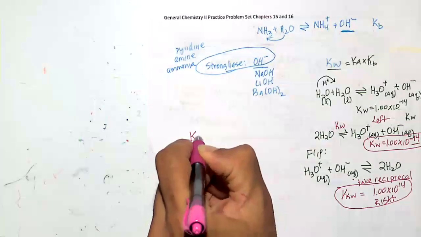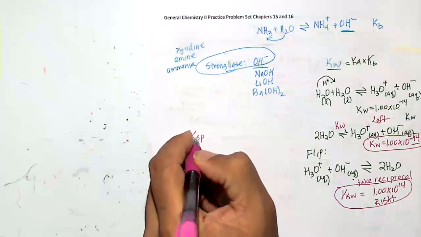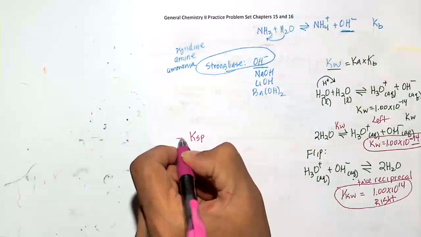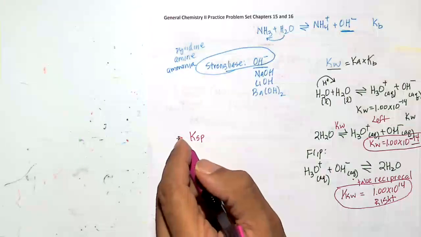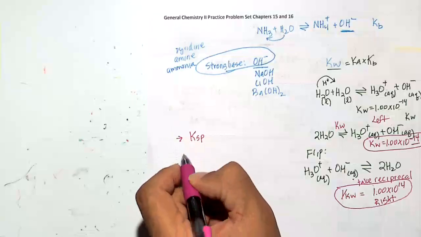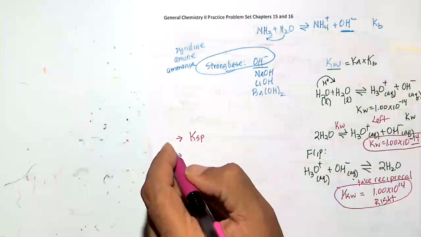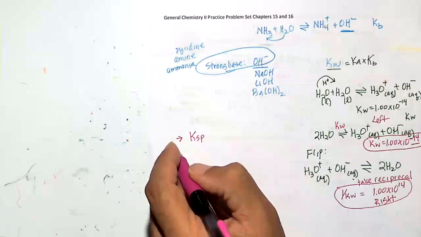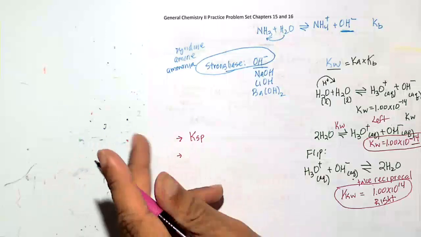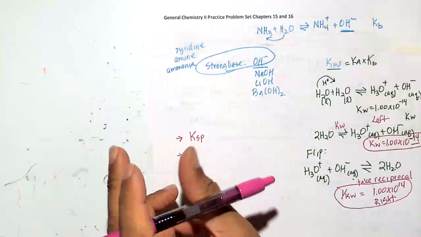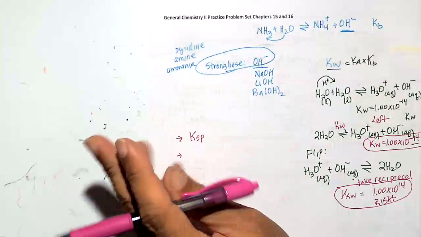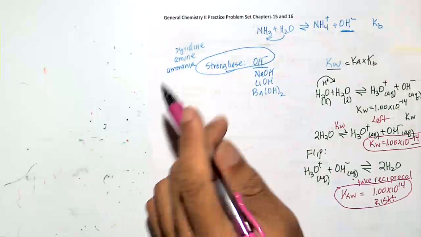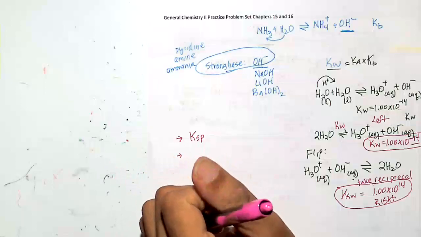And just a couple other things. Make sure you know what Ksp is, formulas for Ksp, products over reactants. No solids go in. Things of that sort. So there's 6 or 7 true-false questions from the lecture.